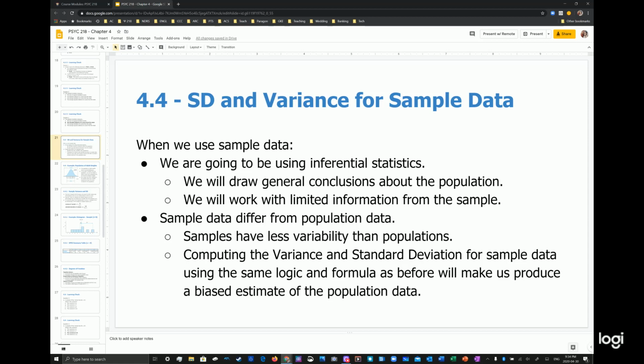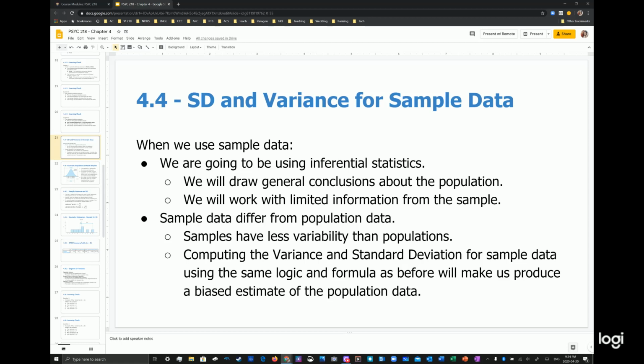We often cannot find the population standard deviation or population variance. Oftentimes we're either given that information in the test, or it takes a long time to get that information because we're working with large groups of people. Again, in the thousands, hundreds of thousands, and millions, and so on.